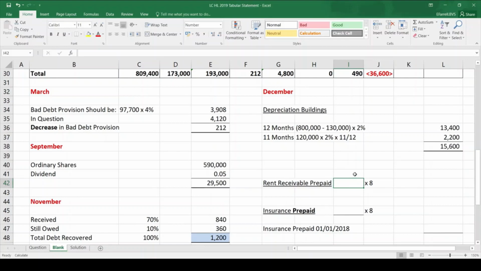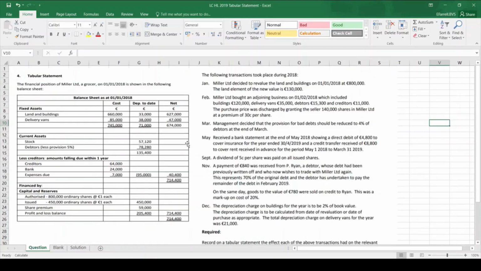So the rent receivable, if you look back at the question back at May, it says the rent receivable is 8,800, and that's to cover the period from May the 1st, 2018 to March the 31st, 2019. So from May the 1st to 31st of March is 11 months. How many of those months are for this year? 8. From May to December, 8 of those months are for this year.